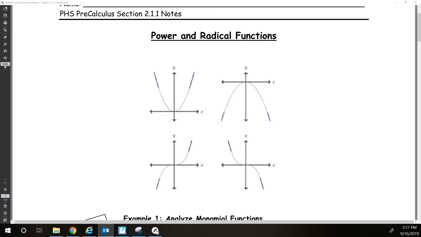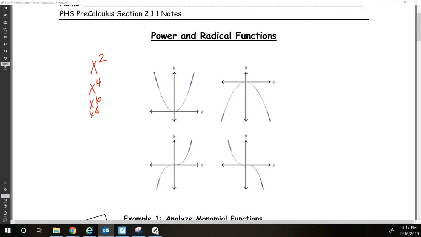These top two here, what do they look like to you? Hopefully you're saying parabolas, and parabolas would be something that's like x squared. This is also the general shape of a graph of, say, x to the 4th, x to the 6th, x to the 8th. What do you notice about those guys? They're even degreed monomial functions.